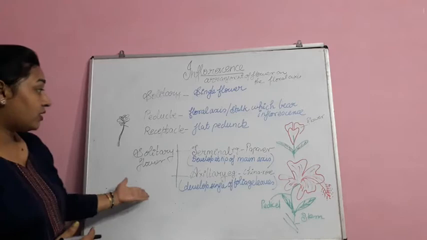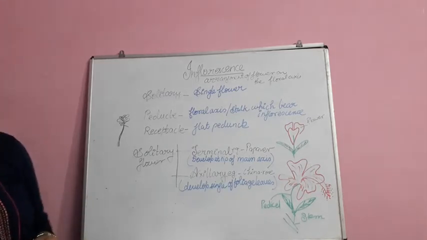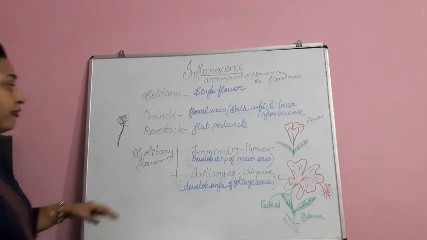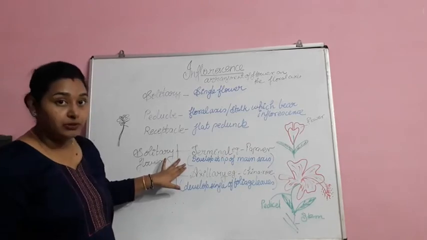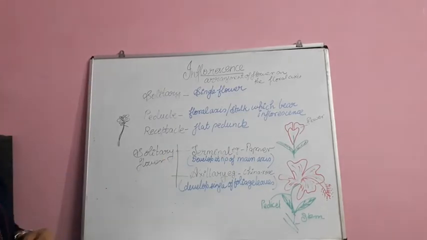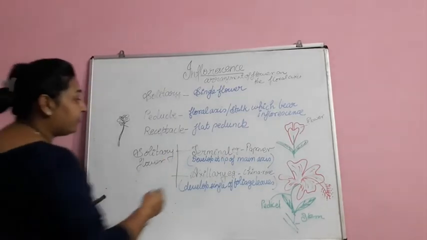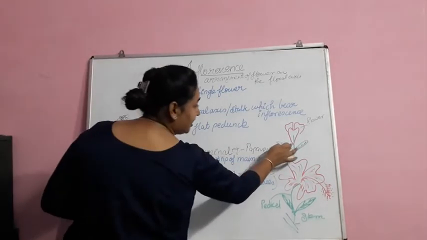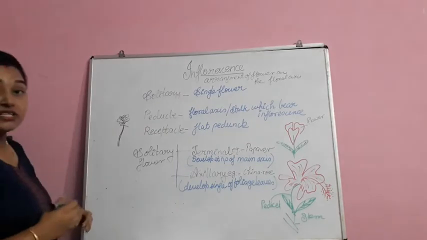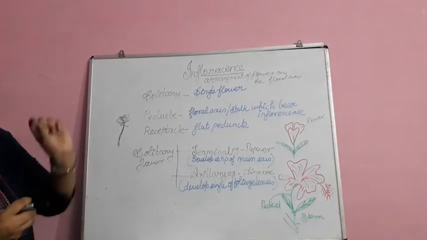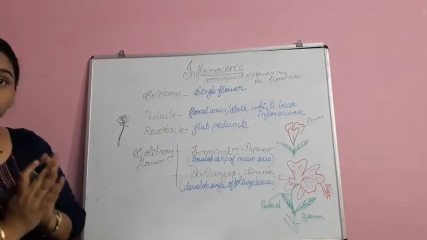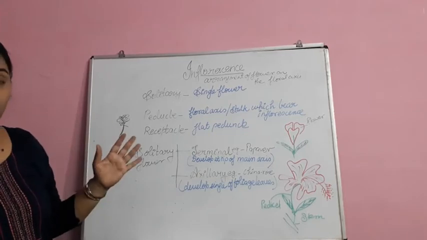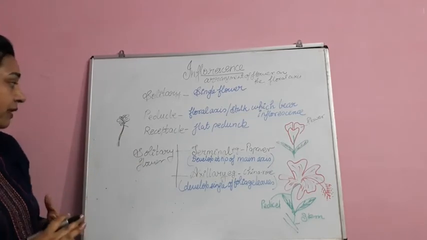So let's see what the terminal and axillary solitary flowers are. For example, you can see the Papaver. In terminal plants, you can see that they develop directly from the tip of the axis. For example, if this is the tip of the axis, the flower is developed from its tip, from one single position only, and it blooms from that single place.